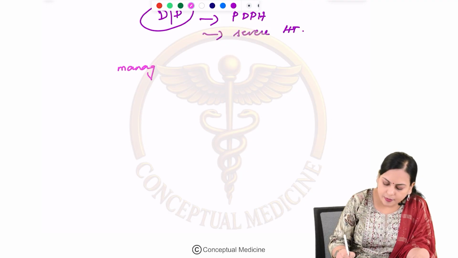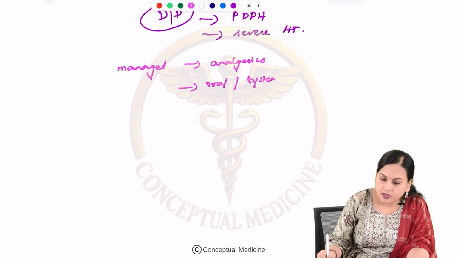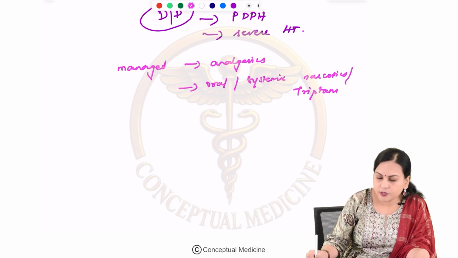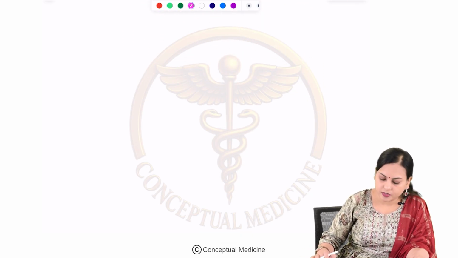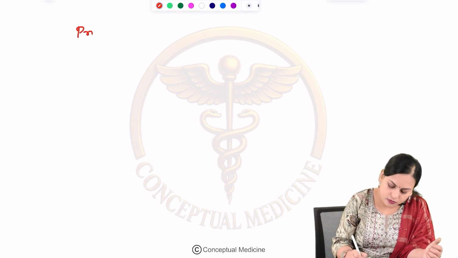And then this can be managed with analgesics or oral or systemic narcotics or triptans, namely sumatriptan. Clear? Right. Now, we will see the prolapse also.